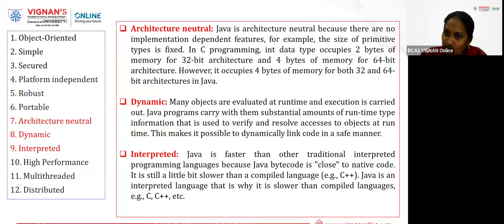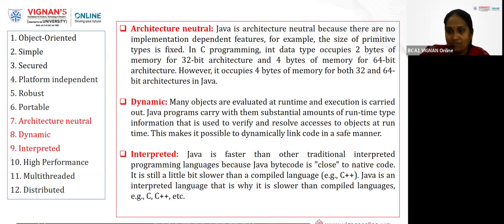Even if it is a 32-bit architecture system or a 64-bit architecture system, for integer value storing, Java takes 4 bytes of memory. So it is not depending upon the architecture. It is architecture neutral. In any architecture, the memory space occupied by int or float or Boolean values will not change, right?